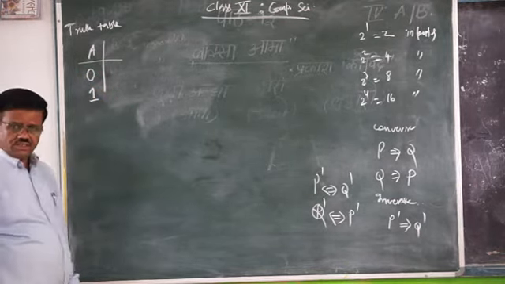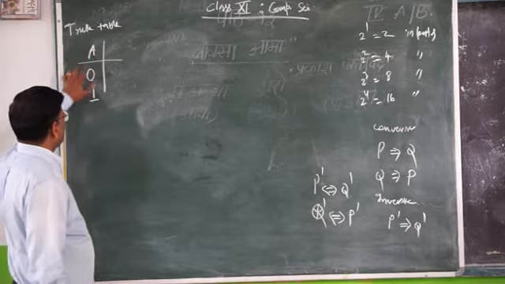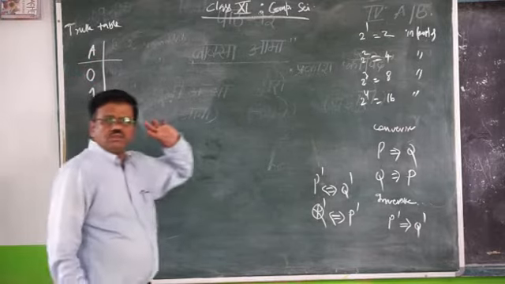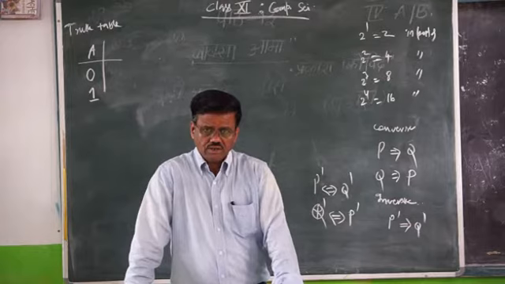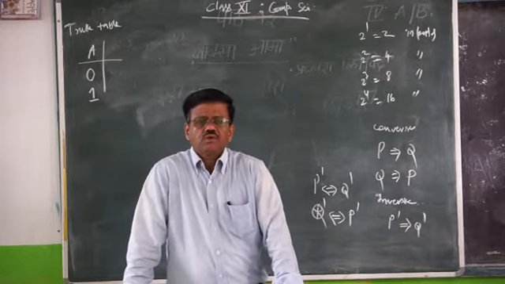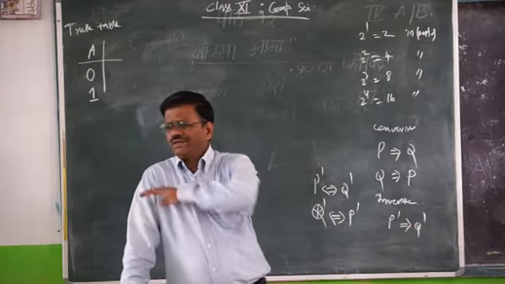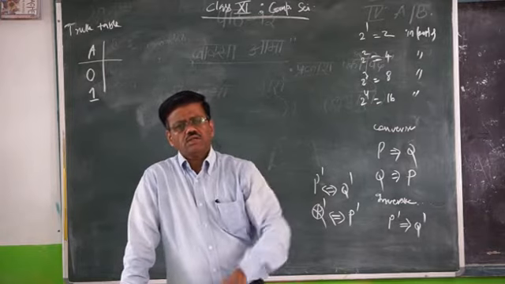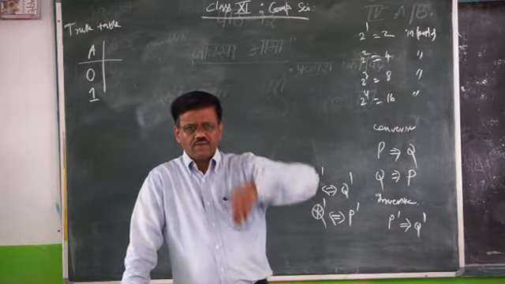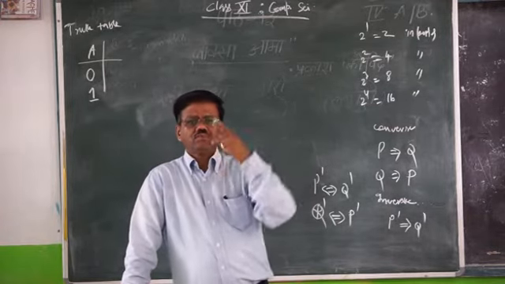Please note, boys and girls, whenever you begin the truth table, always begin from 0. If I begin from 1, is it wrong? It is not wrong. But still, we should maintain uniformity. Even in the console, if you start from 1 and end with 0, the answers will be reversed.